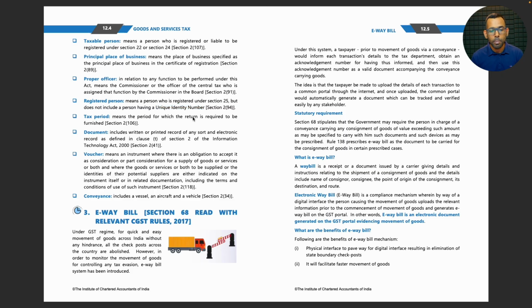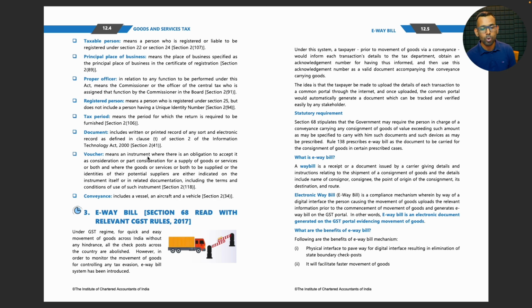Tax period means the period for which the return is required to be furnished, monthly or quarterly depending on the assessee. Document includes a written or printed record of any sort and electronic record as defined in clause (t) of section 2 of the Information Technology Act, 2000.